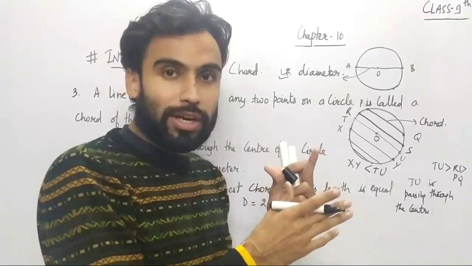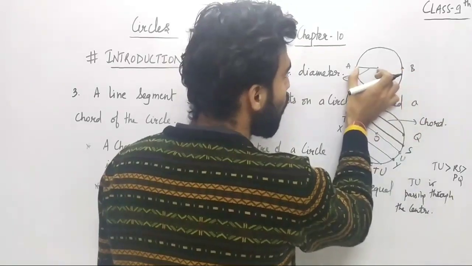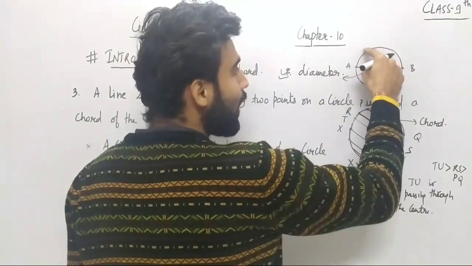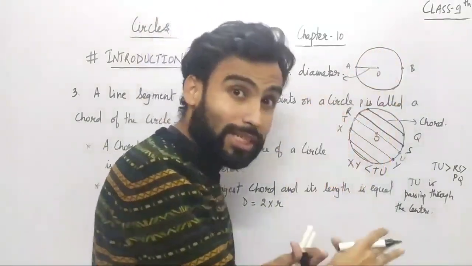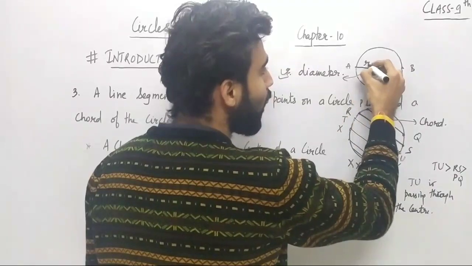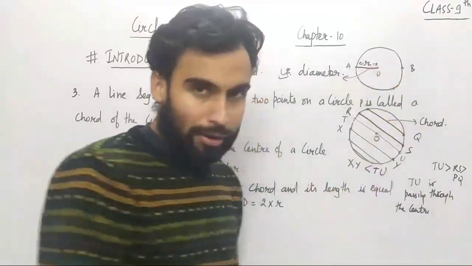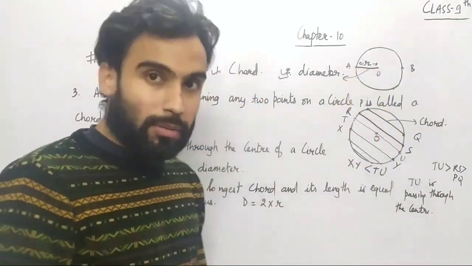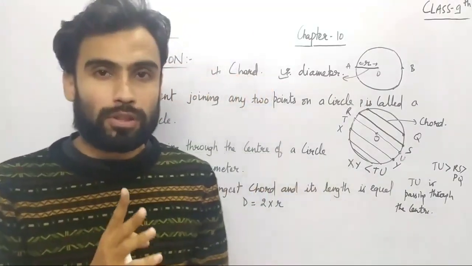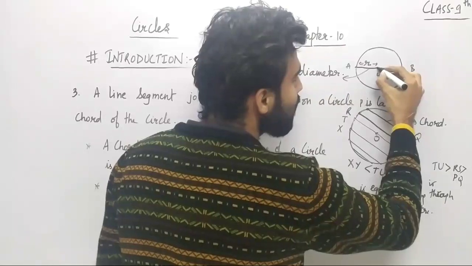Now let me move further into this topic. Now you will see, suppose I rub this line from here, what is this distance called? I told you in the beginning that the distance of a point lying on the circumference of the circle from the center of the circle is known as radius, which I have represented here with a small r.